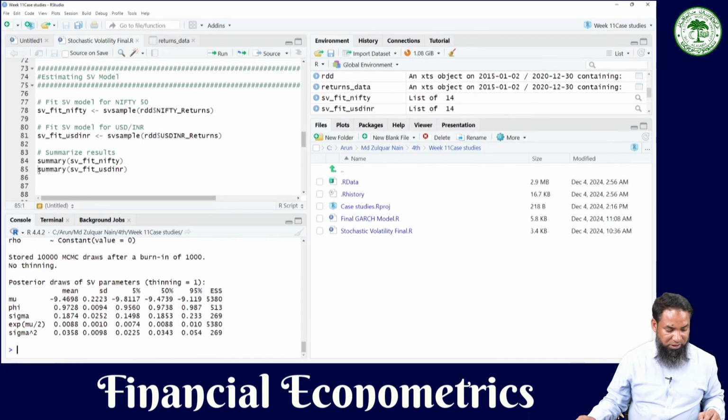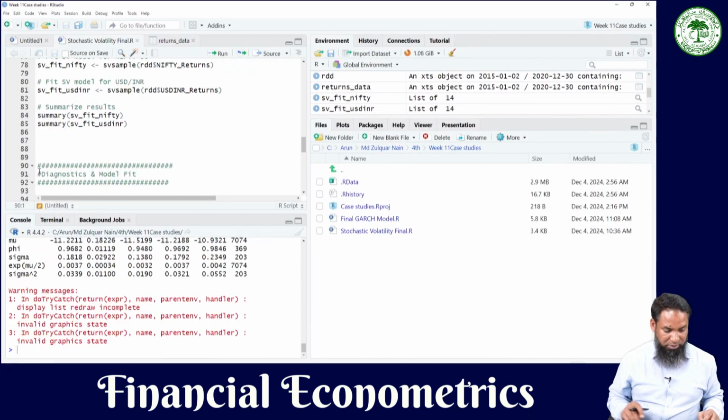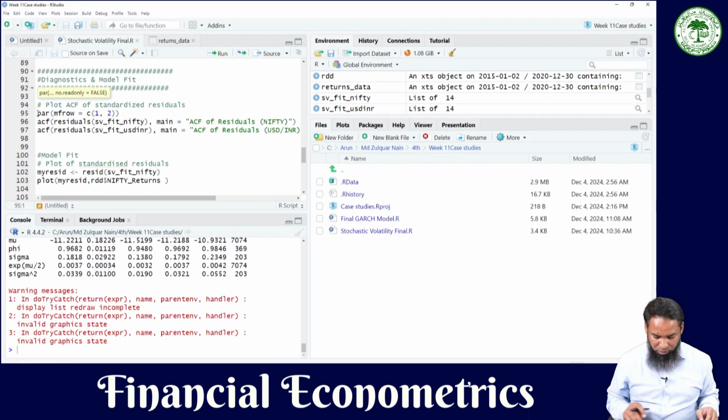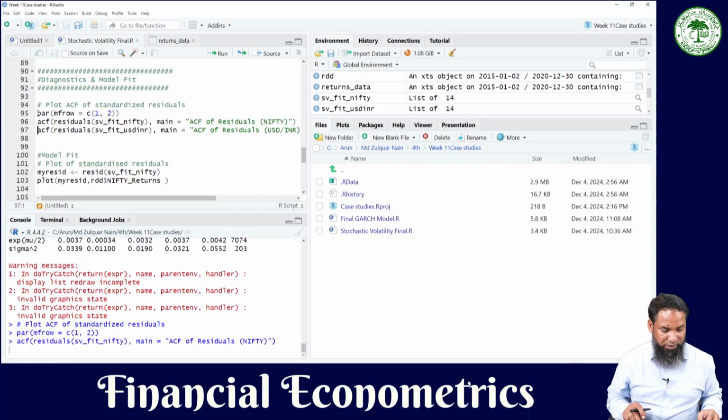Now similarly we can summarize this. Now let us run the diagnostic tests of the estimated model here. First, we will plot the ACF.